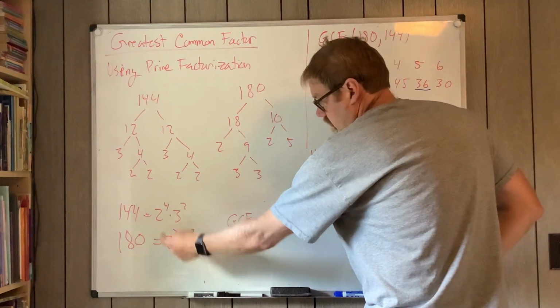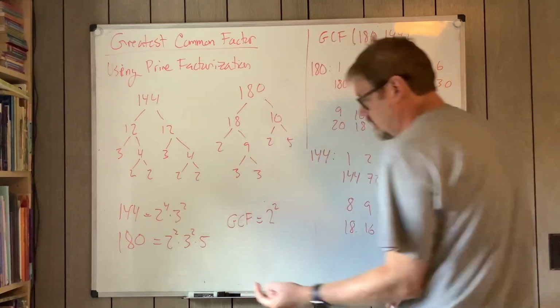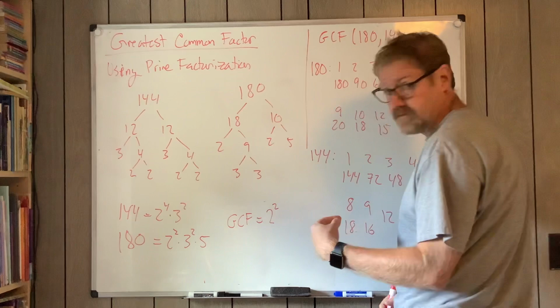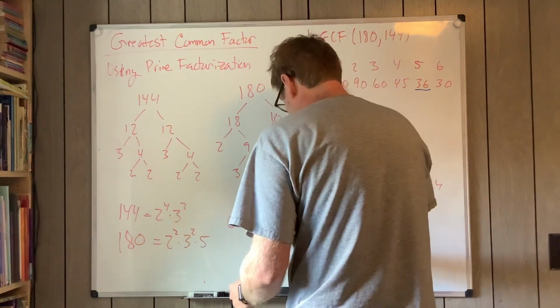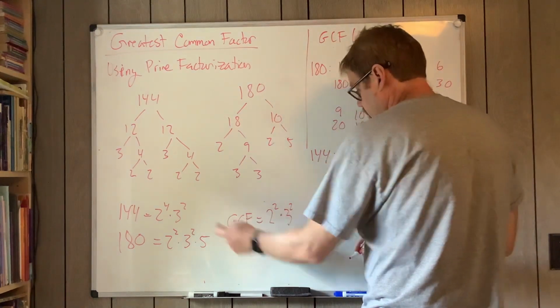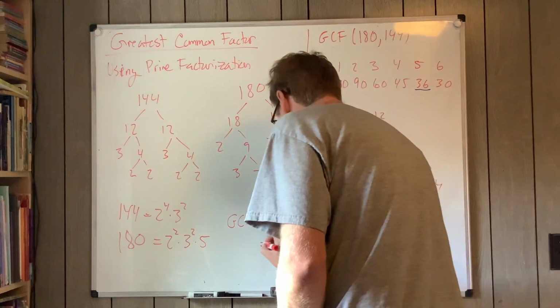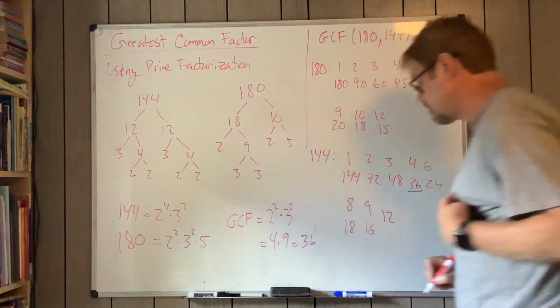There's a 2 squared in each one, but there's not a 2 cubed. There's a 3 squared in both, so we've got that. And there's a 5 here, but there's no 5 there. So I get 4 times 9 is 36.